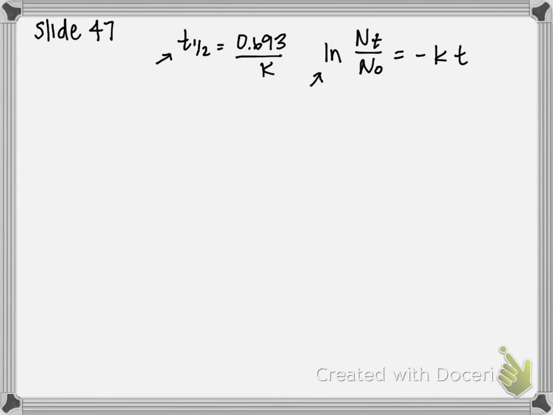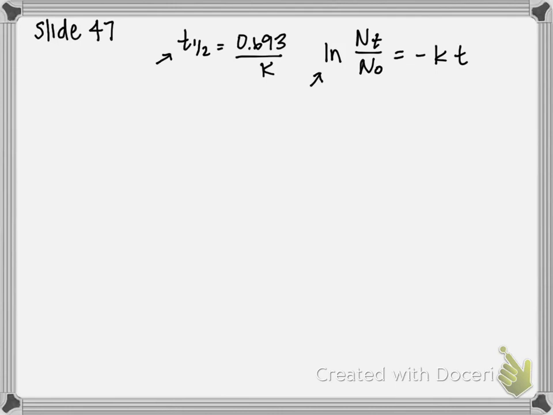And it's the natural log of N sub T, that's the amount of radioactive nuclei at a given time. In this case, we're going to be using amount in milligrams. And then over N subscript 0, which is basically the initial amount of our radioactive nuclei that we have.